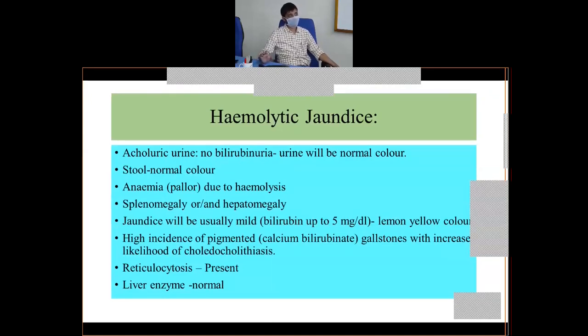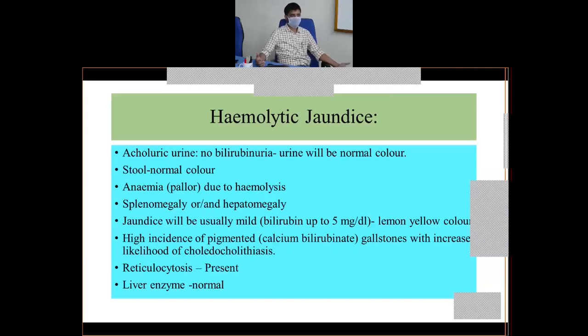So how will we differentiate hemolytic jaundice clinically? They have acholuric urine, meaning no bilirubinuria. Urine will be of normal color. Stool will be of normal color. There will be anemia due to hemolysis. You will get splenomegaly or hepatomegaly. Jaundice is usually mild, lemon colored, and there will be a high incidence of pigment stone formation like gallstones, with an increased likelihood of choledocholithiasis.